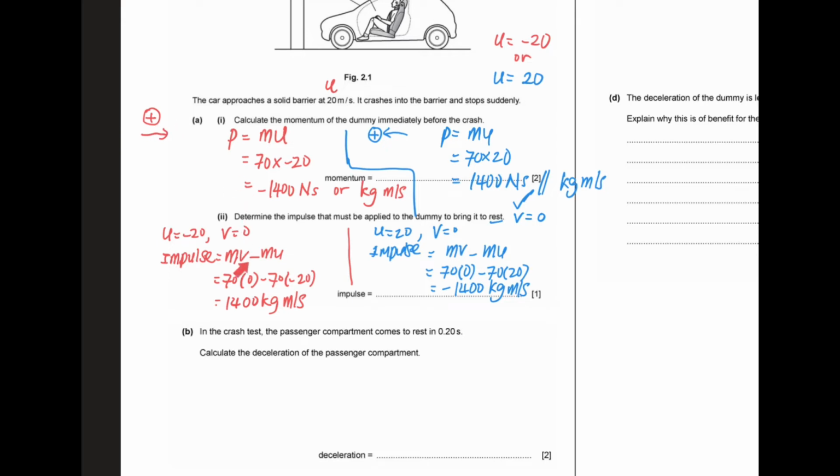If you take right hand side to be positive, this one doesn't match with the mark scheme. This one matches with the mark scheme. So both are correct actually. It's just that the mark scheme used to take the final answer to be positive. So if you get negative, it's still acceptable.